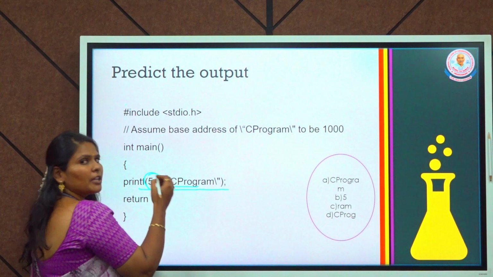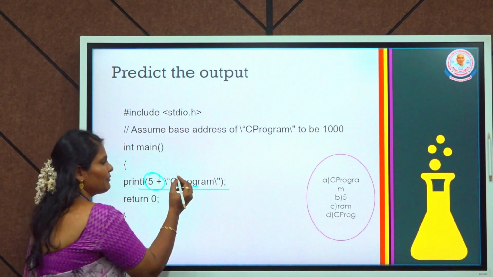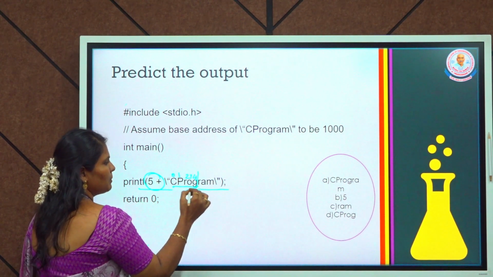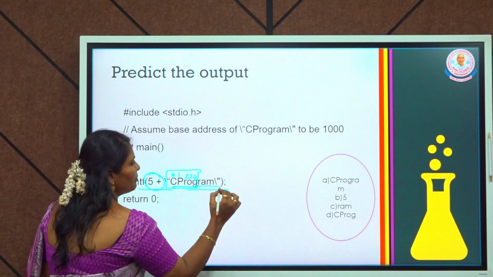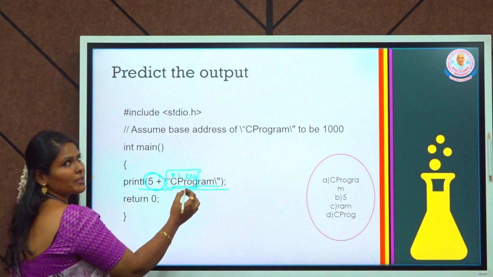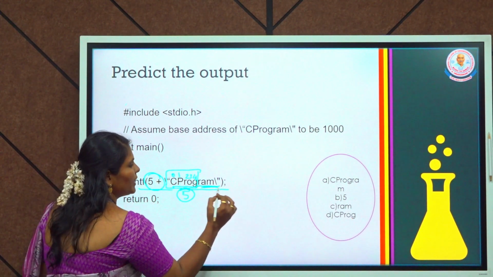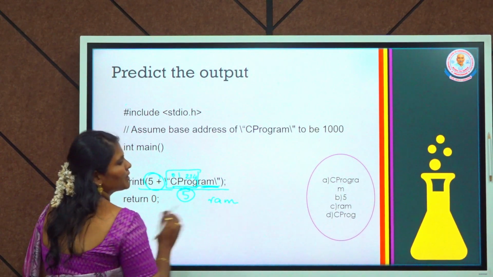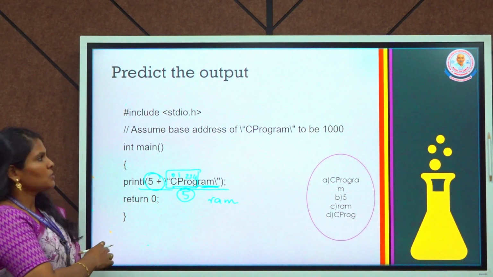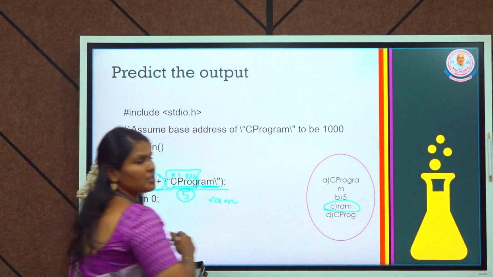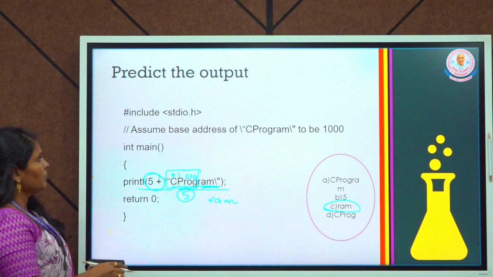Hope you know that in an array the index starts from 0, that is 0, 1, 2, 3, 4. So these will be skipped; 0 to 4 means 5 characters are skipped. Removing those, RAM will be printed for this program. So option C is the answer for this code snippet.